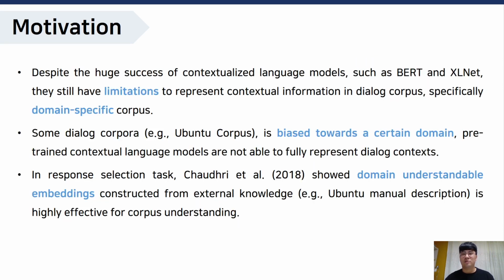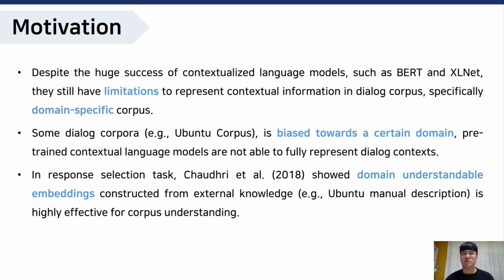Here is the motivation of our work. Despite the huge success of contextualized language models such as BERT and XLNet, they still have limitations in representing contextual information in dialog corpora, specifically domain-specific corpora. Some dialog corpora, such as the Ubuntu corpus, are biased towards a certain domain.